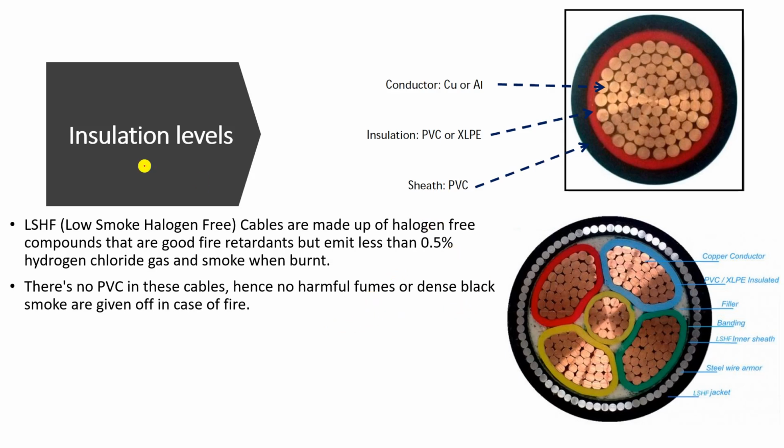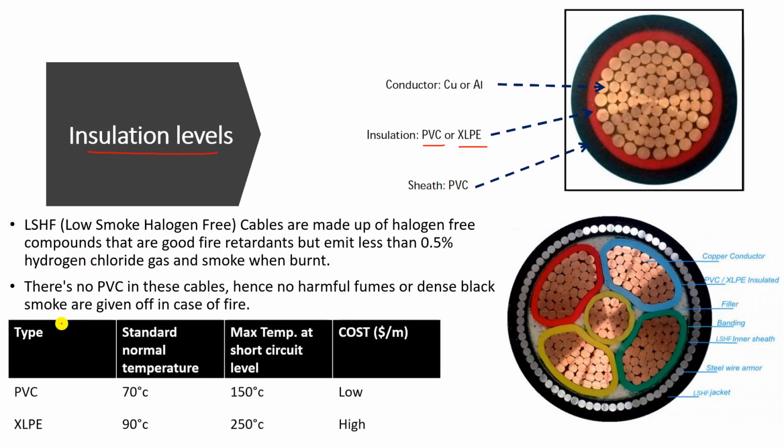Now, the important thing about insulation level is that we have two types: PVC insulation and cross-linked polyethylene. Now we need to understand the difference between these two. First, the PVC can withstand a normal temperature of 70 degrees.